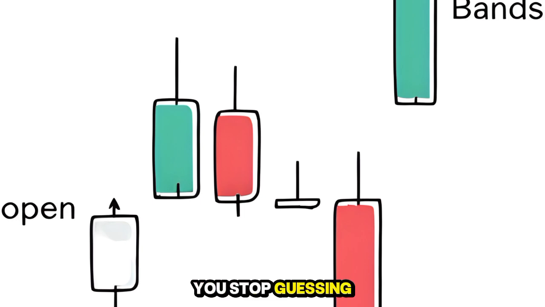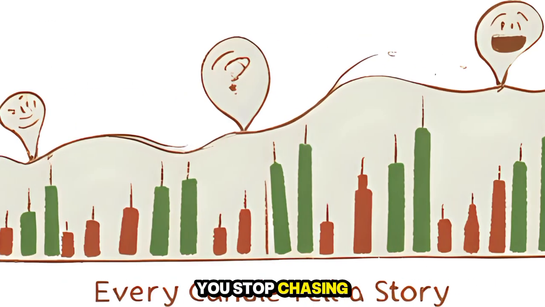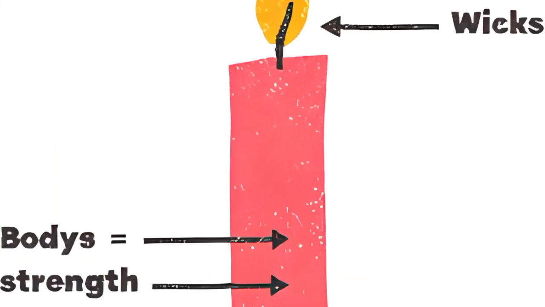You stop guessing and start observing. You stop chasing and start anticipating. That is the quiet power behind candlestick analysis. The ability to see through the noise and read the story the market is telling. One candle at a time.